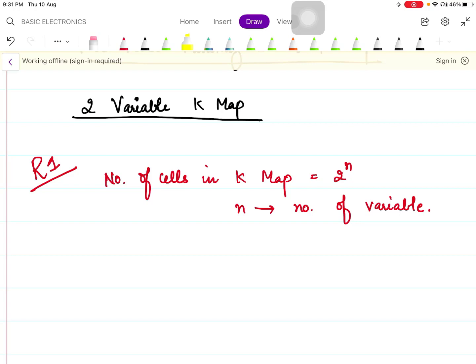So if we are going to draw the structure for a two-variable K-map, the total number of cells will be 2 raised to the power 2, that is 4. So this is rule number 1, that is, the number of cells in a K-map is equal to 2 raised to the power n, where n is the number of variables.